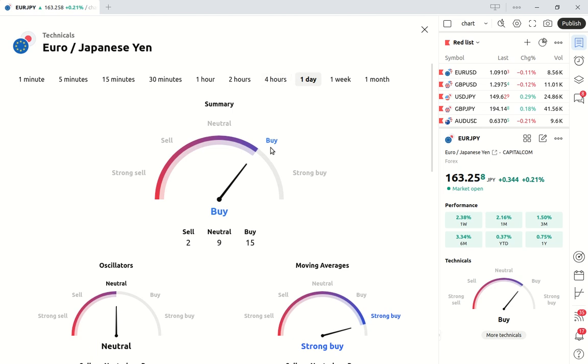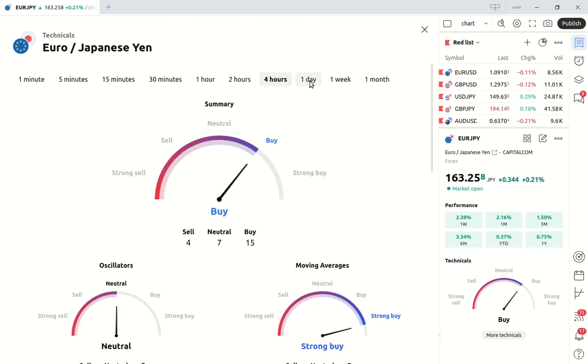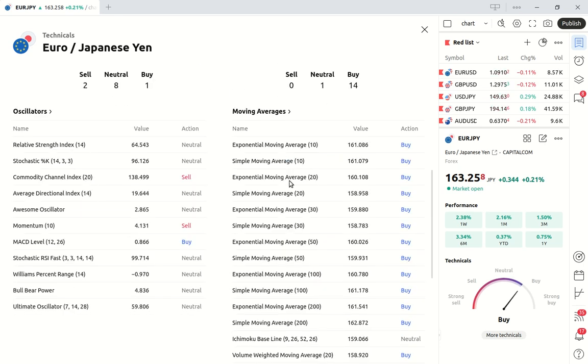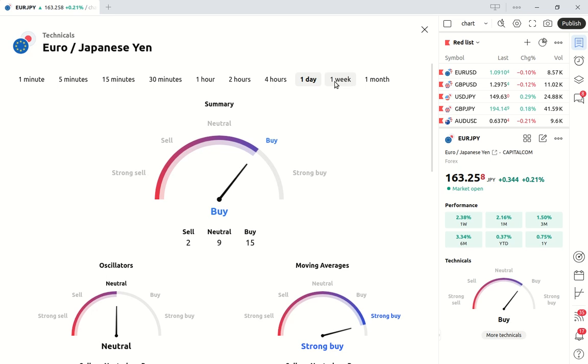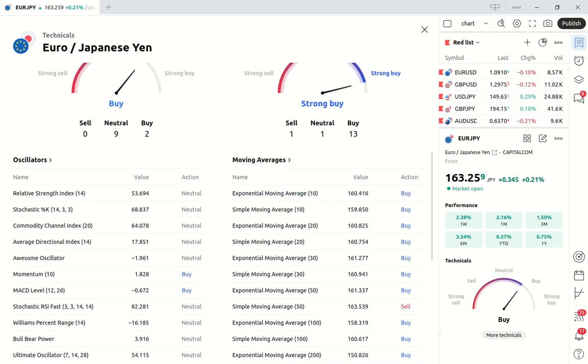Now the first thing we're looking for is strength on the 4 hours. If you see strength on the 4 hours like this, with the MACD buy signal over here, another strength on the moving average on the day signal, and another strength on the week.